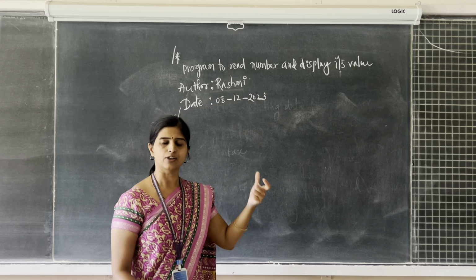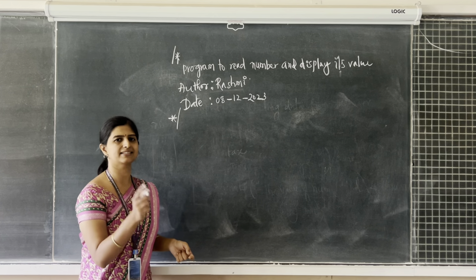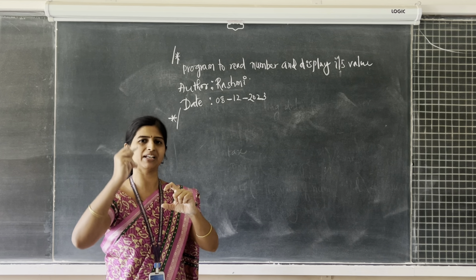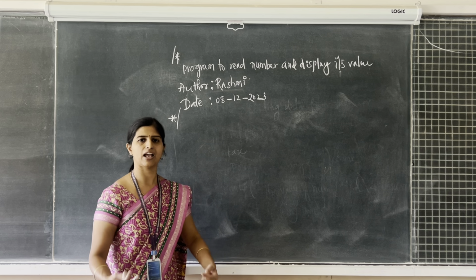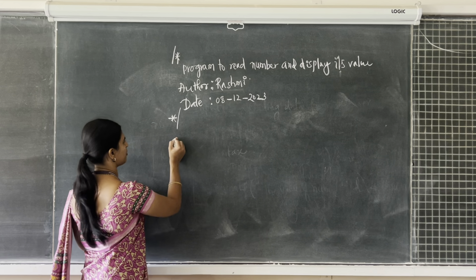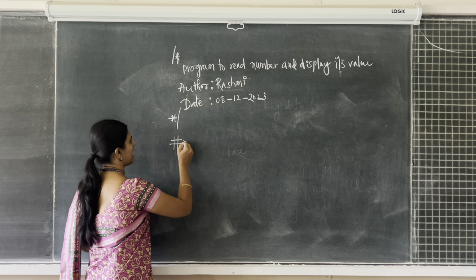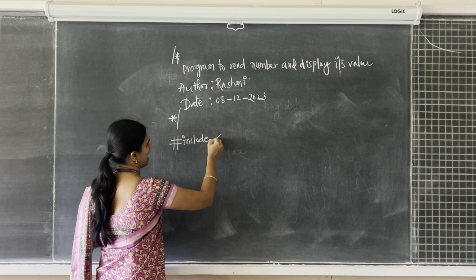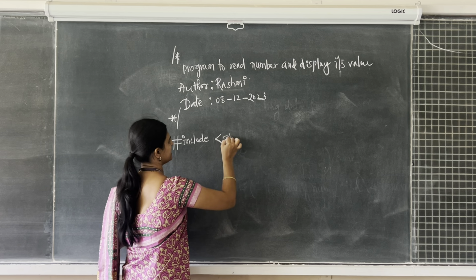After that, the documentation section is followed by link section. So now I am making use of printf and scanf, which are available in stdio.h file. I should be including it with the help of preprocessor directive #include. #include space angular bracket stdio.h.